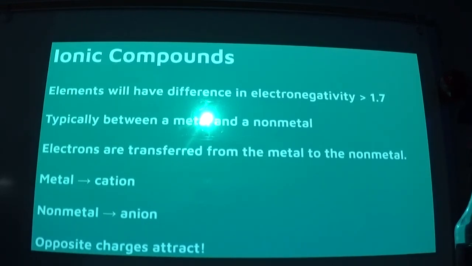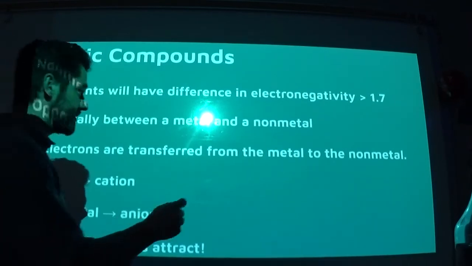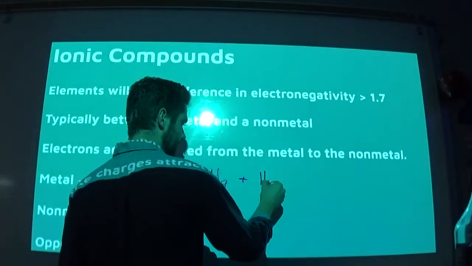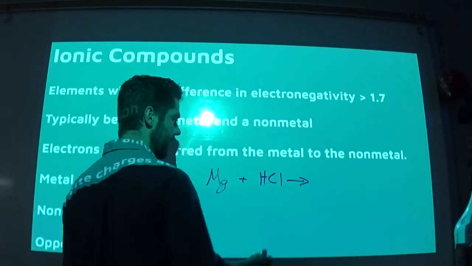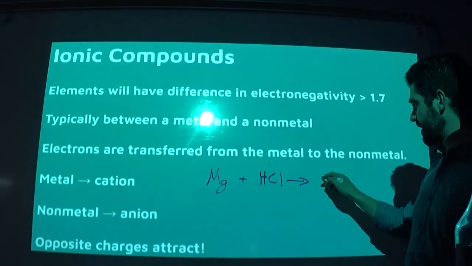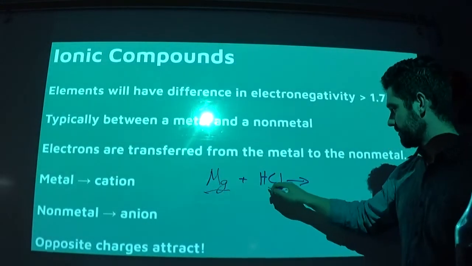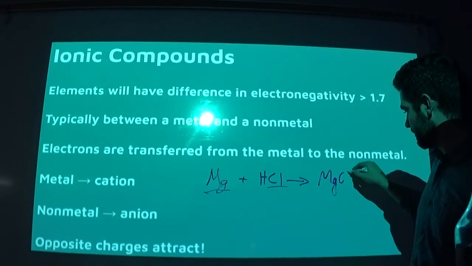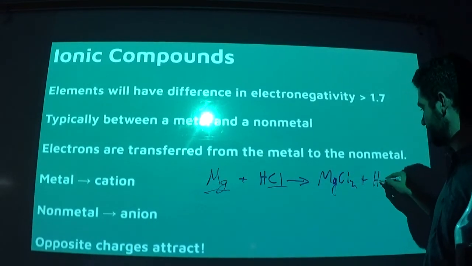For example, remember we did the thing where you put it in the acid to see if it would react? And the one that fizzed a lot, you did magnesium, and then you put it in acid, right? So what happened here is you had magnesium react with the chlorine, and you made this compound, and then the gas was hydrogen gas.